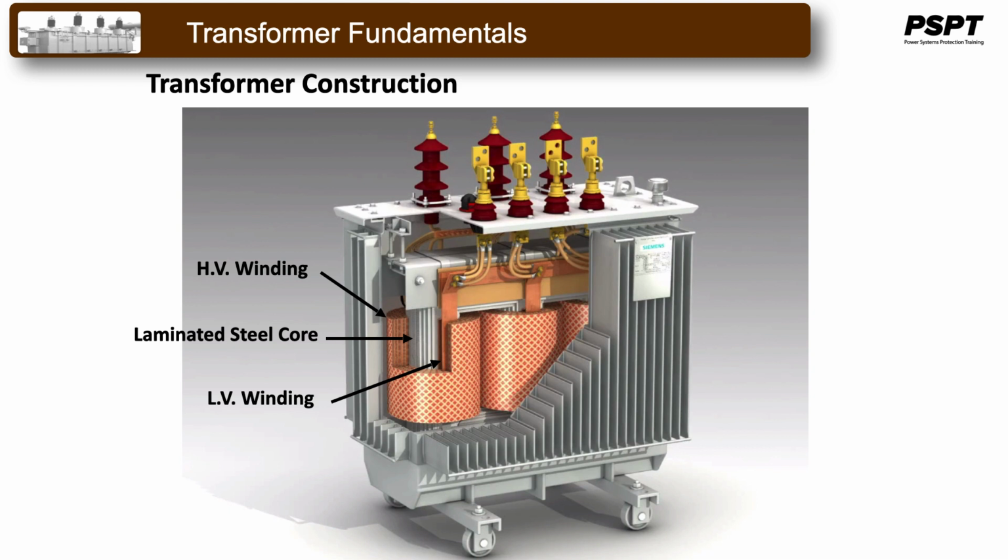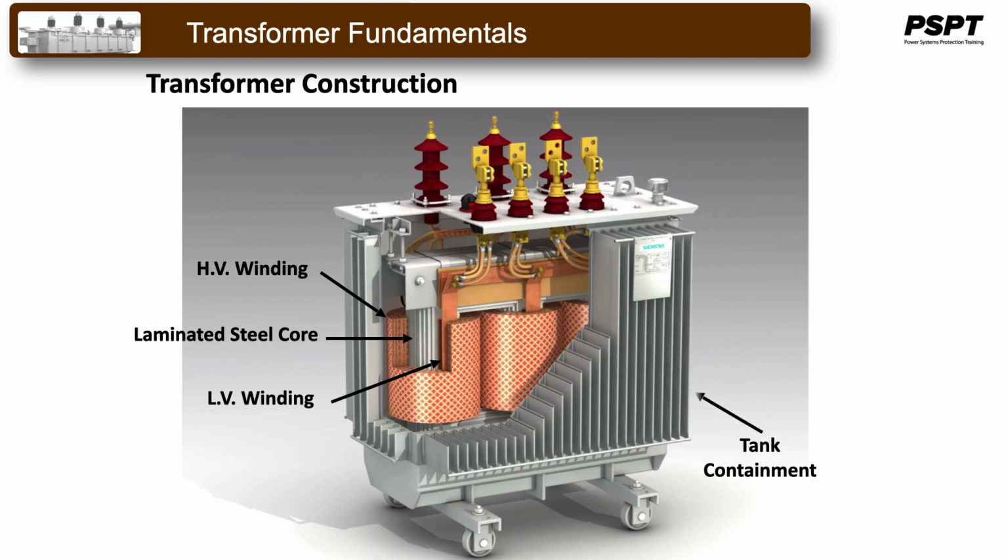The steel should have high permeability and low hysteresis loss. By effectively laminating the core, the eddy current losses can be reduced. The two coils are insulated from each other and from the steel core.